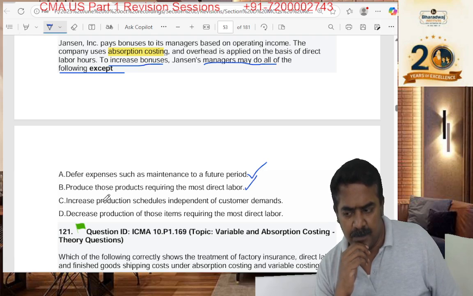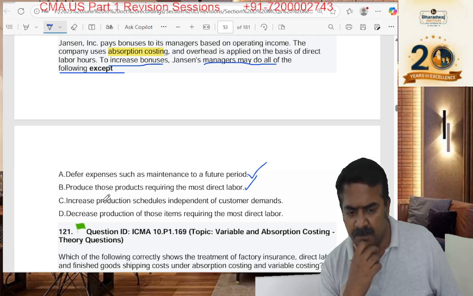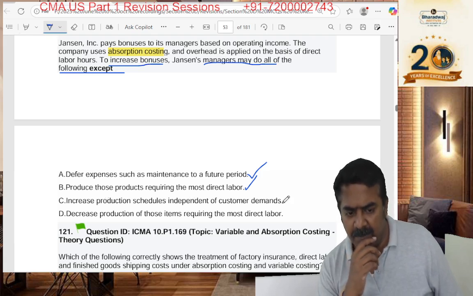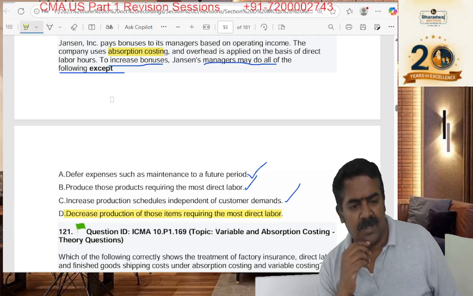Yes. Increase the production schedules independent of customer demands. They can do. Decrease the production of those items which require what? If they reduce the direct labor, they will get only less bonus. Exception category. Which one they should not do?